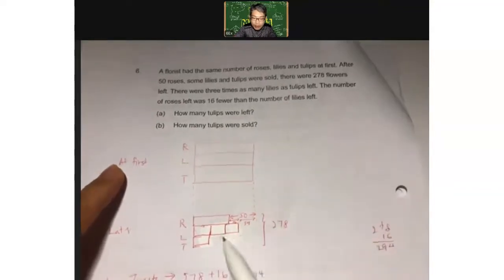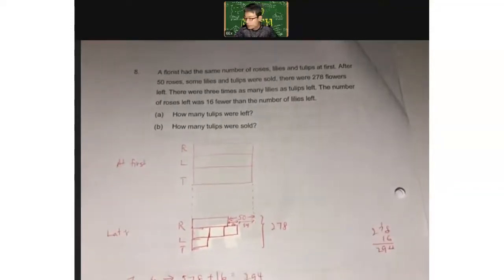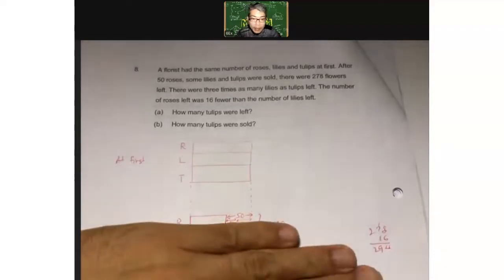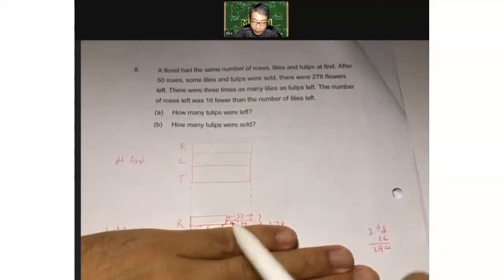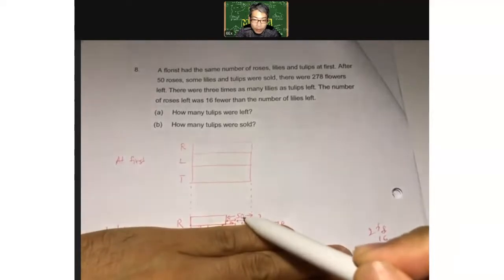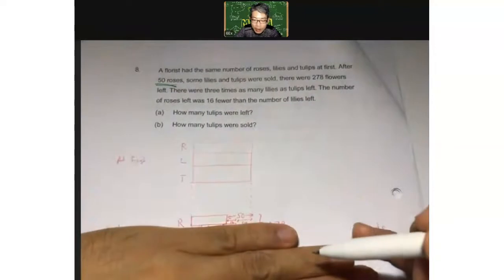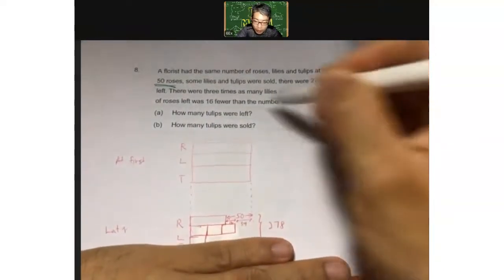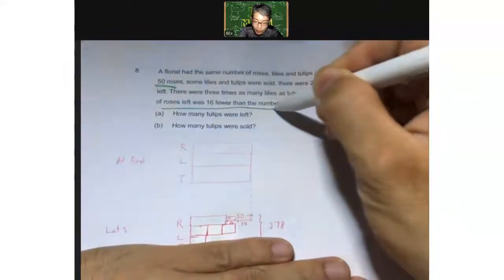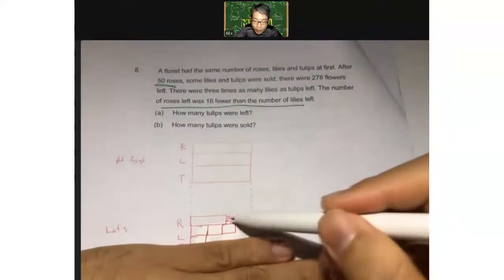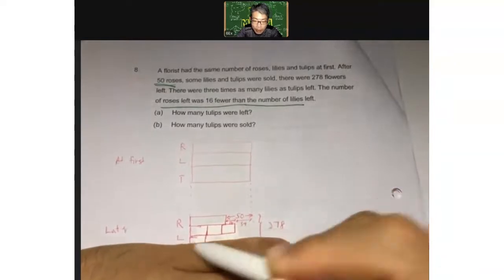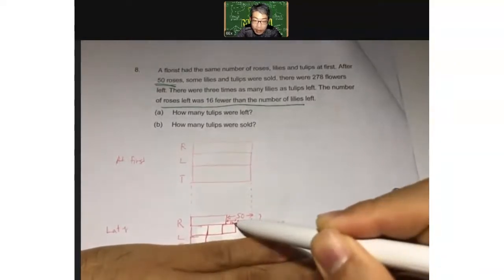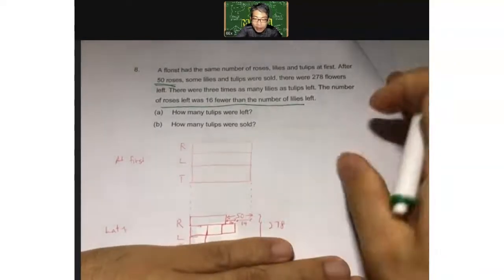So I look at this, right? First step, I have my roses. 50 roses were sold. Then that is this part here, sold 50 roses. Next step, I know that the number of roses left was fewer than lilies. Right? Roses are fewer than lilies. So my lily here is here, 16 is here. Hope you can see this.